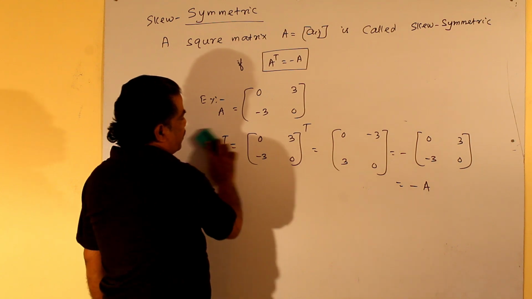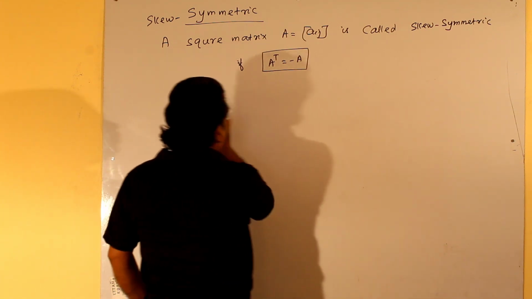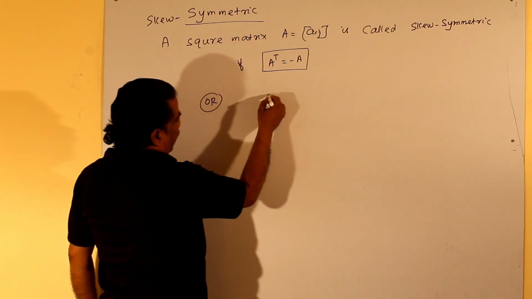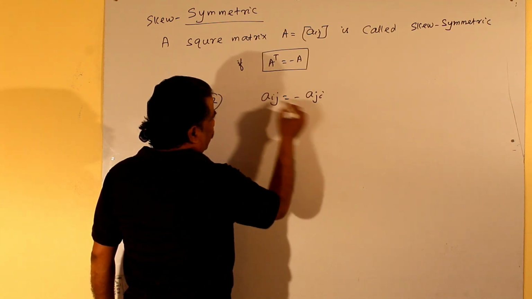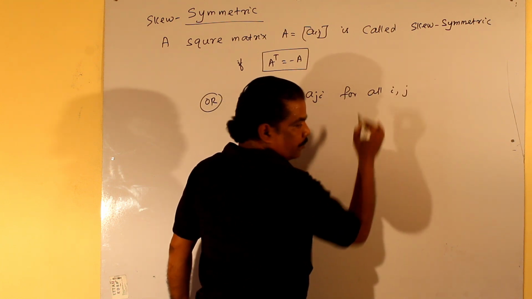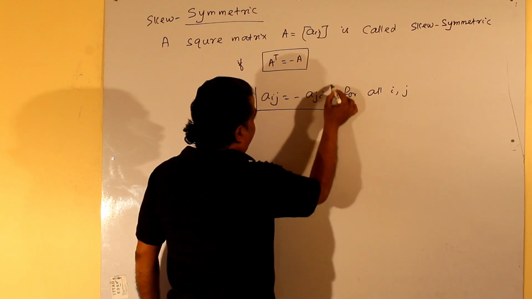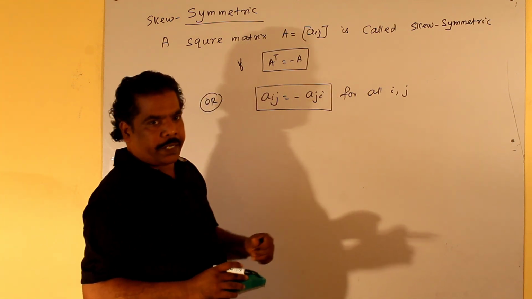Or otherwise, a matrix is called skew symmetric if aij is equal to minus aji for all i, j. For all i, j, if aij is equal to minus aji, then that square matrix is called a skew symmetric matrix.